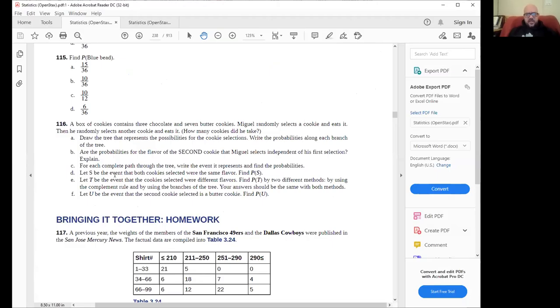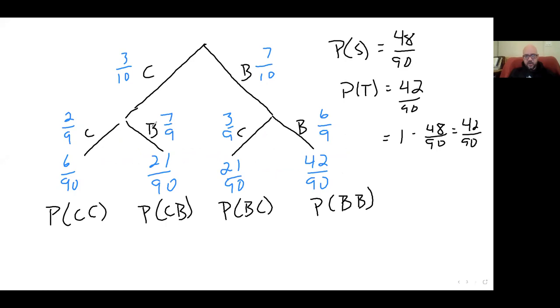Let U be the event that the second cookie selected is a butter cookie. Find P of U. All right, second cookie selected is a butter cookie. So that means that the second cookie, the layer down here, is a butter cookie. So we are looking at this event here and this event here, right?